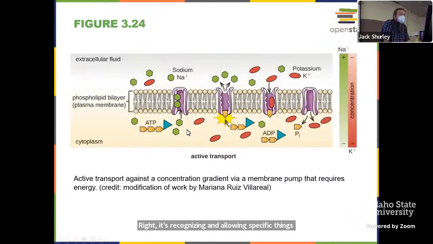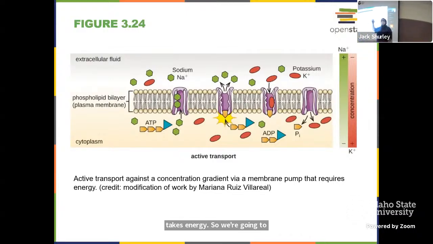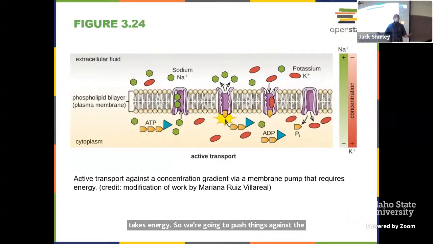There are other mechanisms where, as I said, the active takes energy. So we're going to push things against a concentration gradient. And when we think about cells, it doesn't matter if we're talking prokaryotes or eukaryotes, concentration gradients become super important.